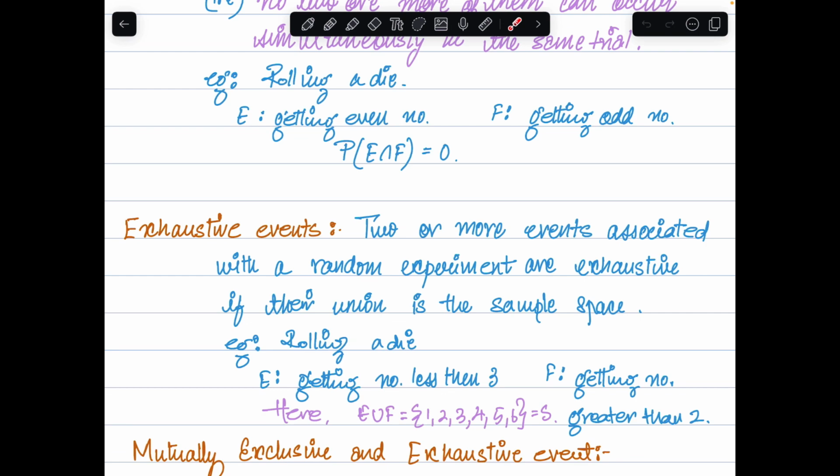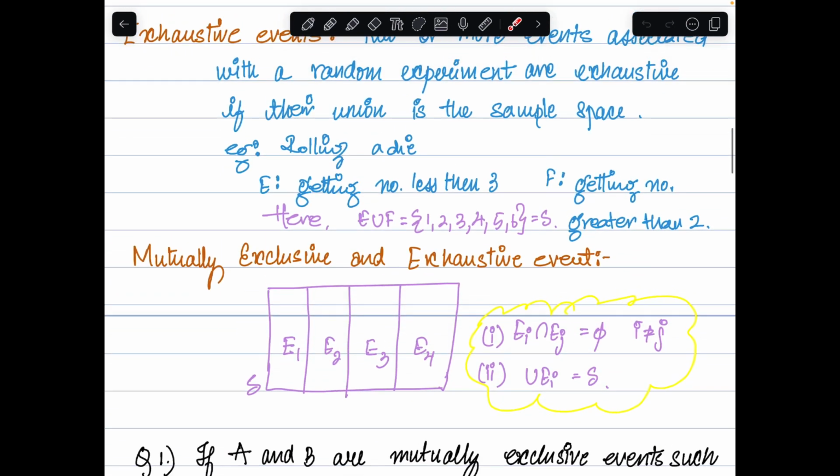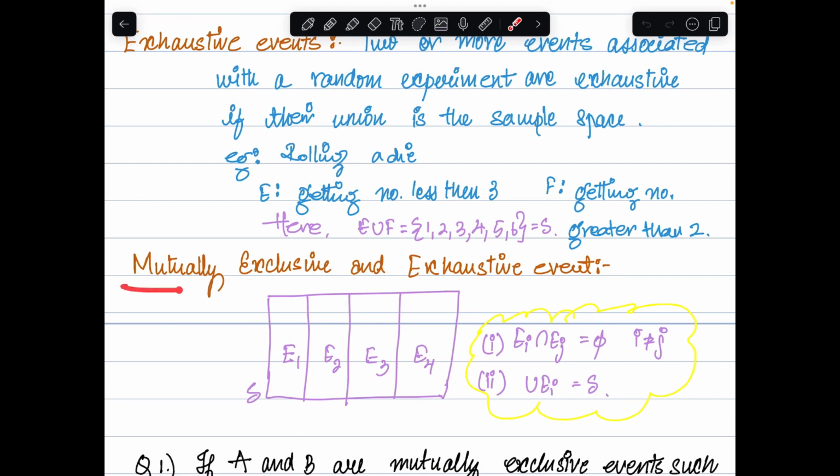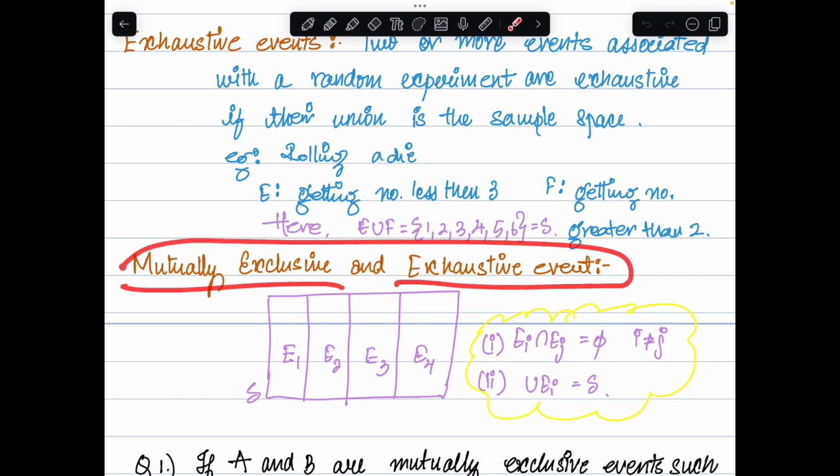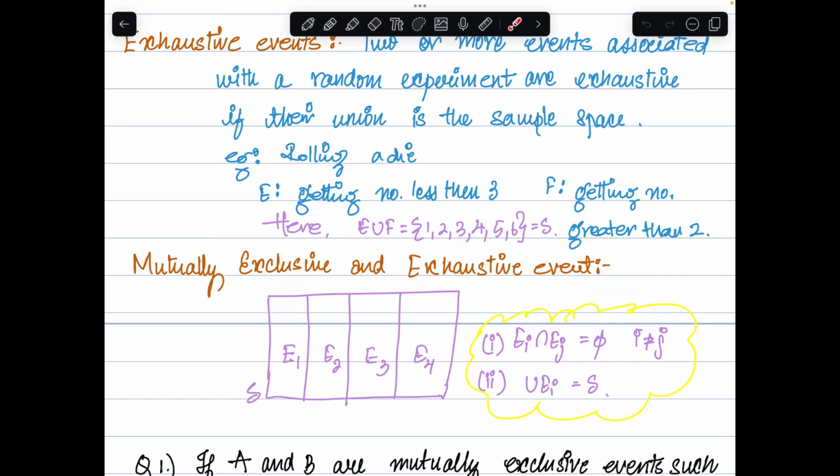Next is mutually exclusive and exhaustive events. So it's a combination of both. That means there are events which are mutually exclusive, so they don't have any points in common, as written here. And the union of all is going to give you the sample space.